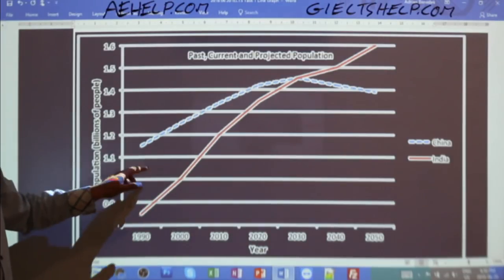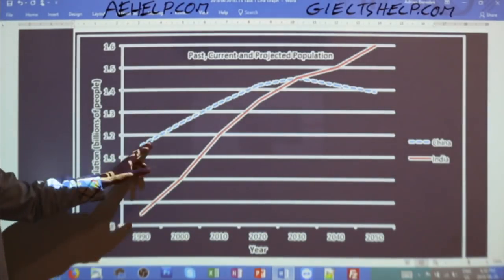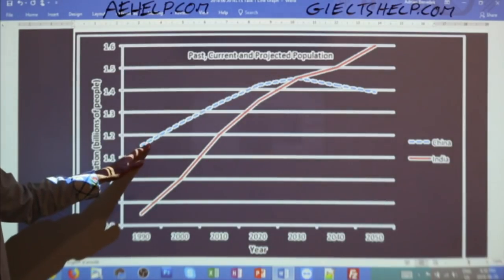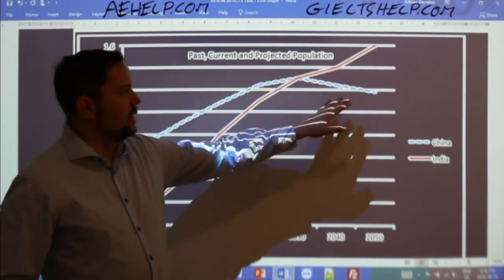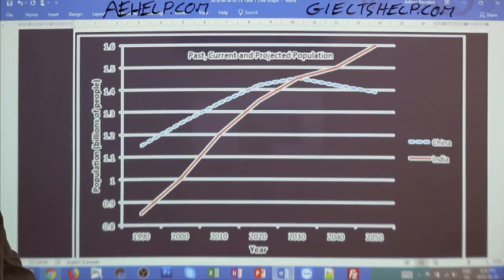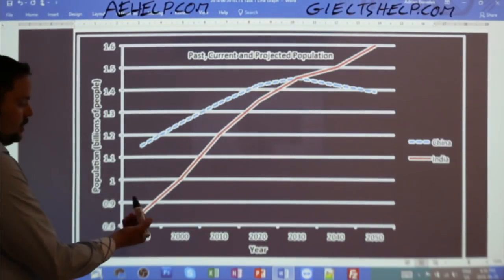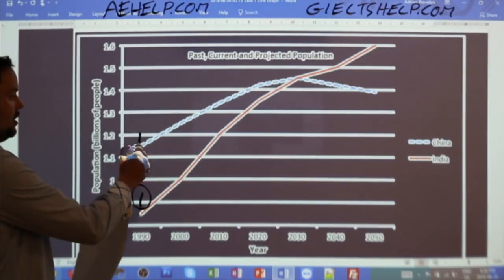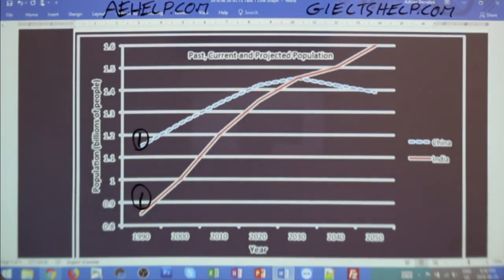So pick one of the countries and then start discussing it, start discussing the trends, and then go all the way to the end. Between there, you can make comparisons to the other country. So here, I would likely start with India. You could start with China as well.